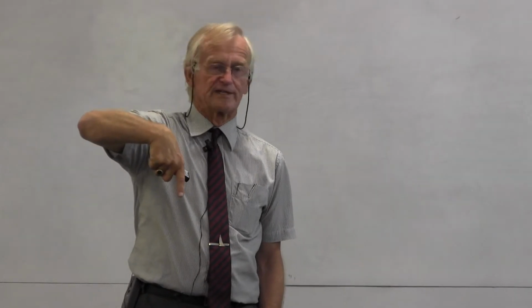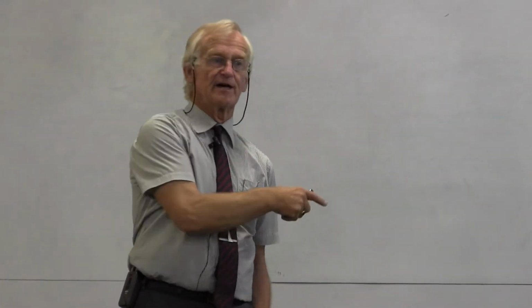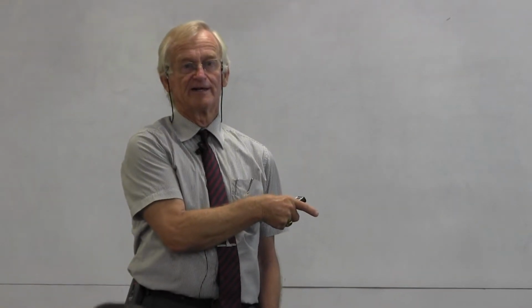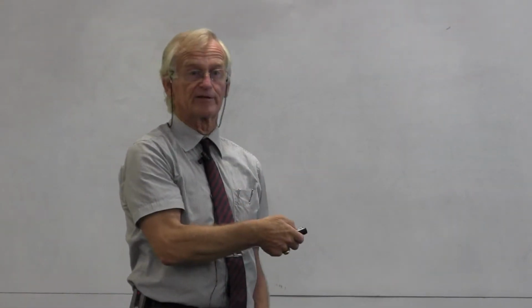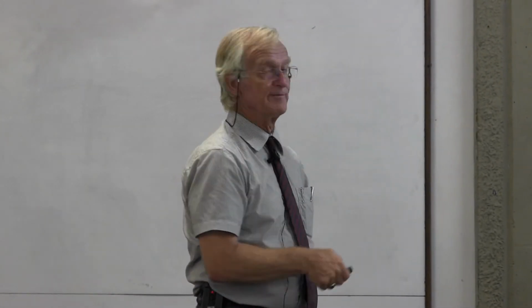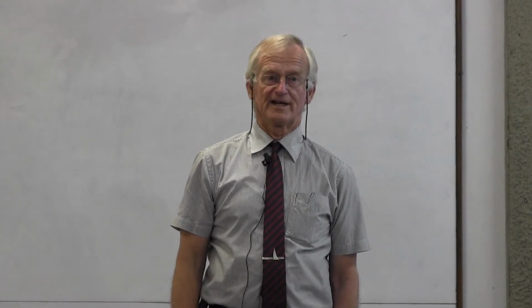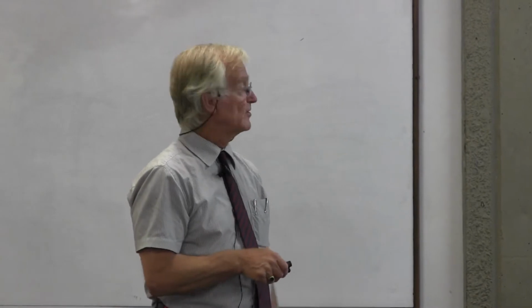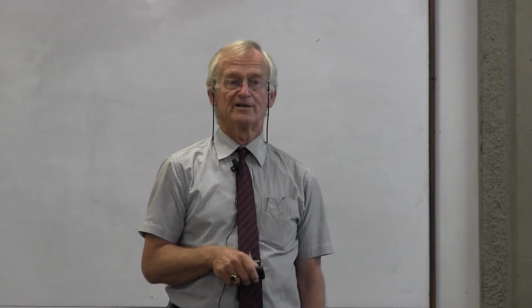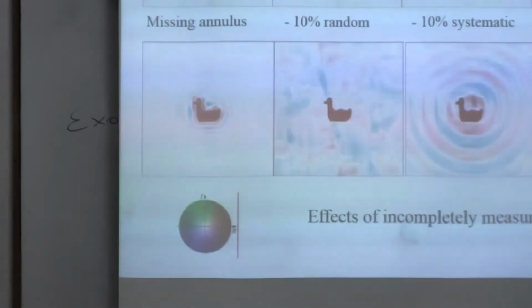Now Fourier transform is linear, so the ripple of that one that I didn't put in there is now in the final picture. And that is for all the things that I left out. And that is the reason that it basically makes the whole picture noisy. It puts power from the image of the duck all over the place. And this is only 10% missing.